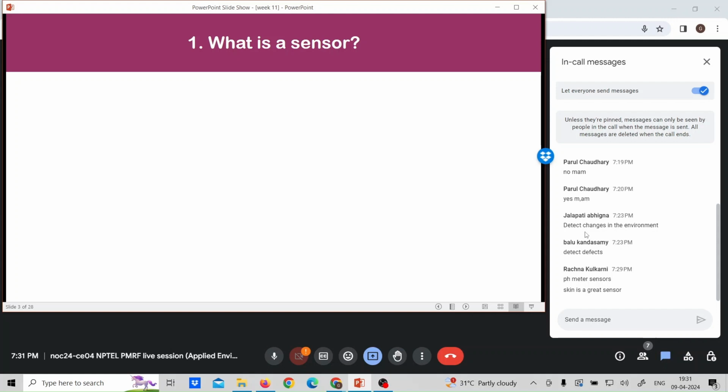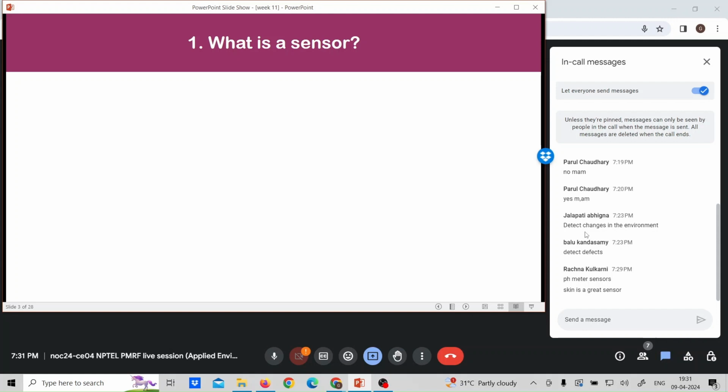So before getting into biosensors or other technical details of how to build one and what it is used for, we just have to have a very basic understanding of what a sensor is. I guess it's clear now. With this basic understanding, maybe we'll go to the next question.